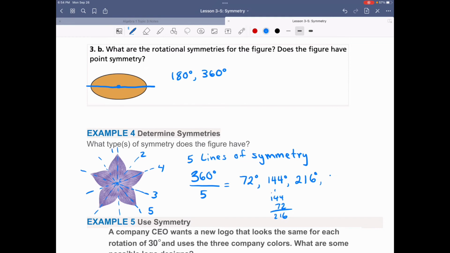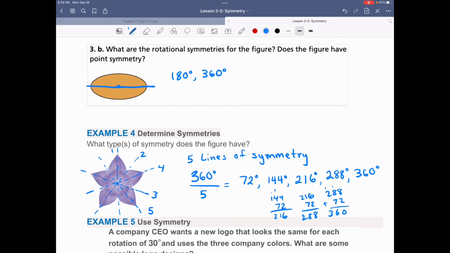Nope. So 216 plus 72 is 288, and 288 plus 72 is perfect, 360 degrees.